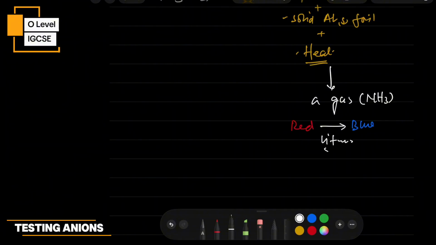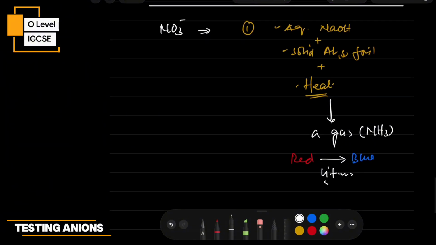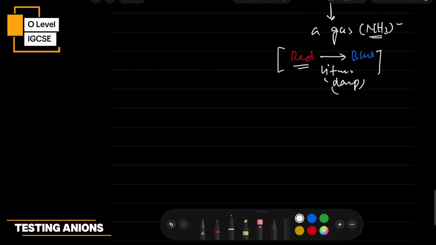So if the nitrate ions are present, then upon addition of aqueous sodium hydroxide and aluminum foil, and heating the mixture, a gas is observed to form. That is ammonia. How to check the ammonia? We will introduce moist, damp red litmus paper, and it will turn blue. So it is confirmed that the gas is ammonia, and it is also confirmed that nitrate ions are present.